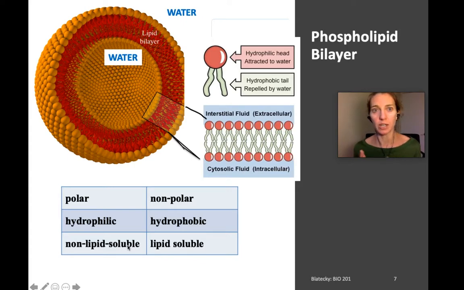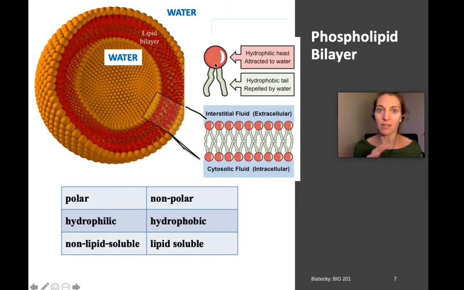You'll see different images refer to different names. Oftentimes you see this as a polar head, but it is also water-loving, hydrophilic. The tails are water-fearing, hydrophobic. And you can also describe those tails as being nonpolar or being lipid soluble.